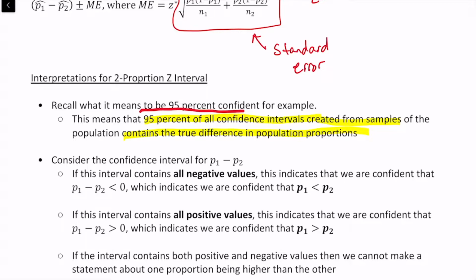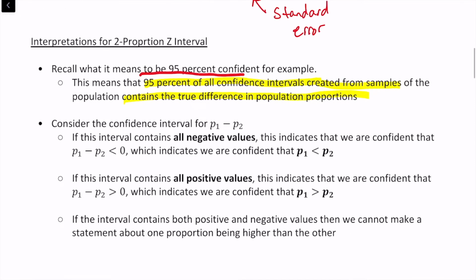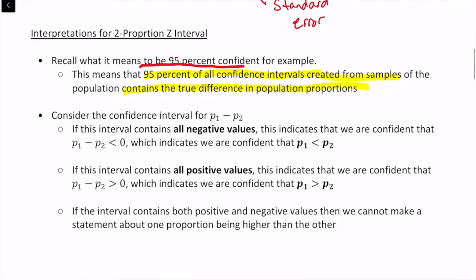But something that's new, since we're comparing two different proportions here, let's take a look at these different scenarios that could happen. So remember, we're doing P1 minus P2, right? If you do your confidence interval, and it turns out that it contains all negative values, that means that our confidence interval is saying that P1 minus P2 is less than 0.